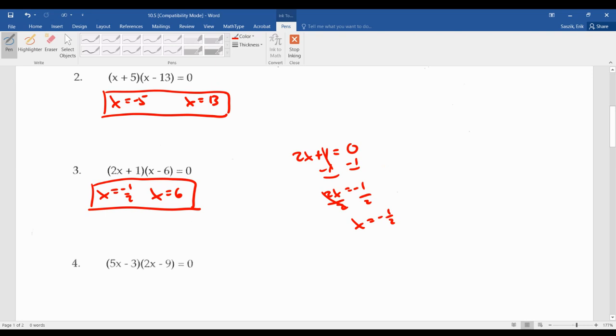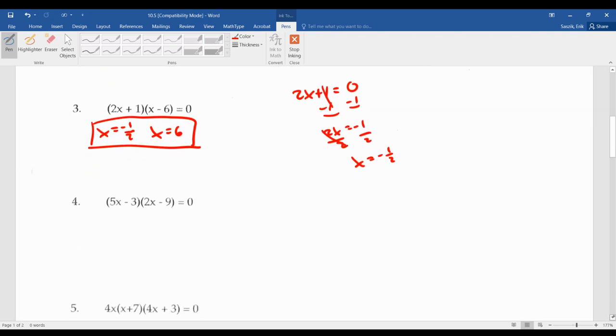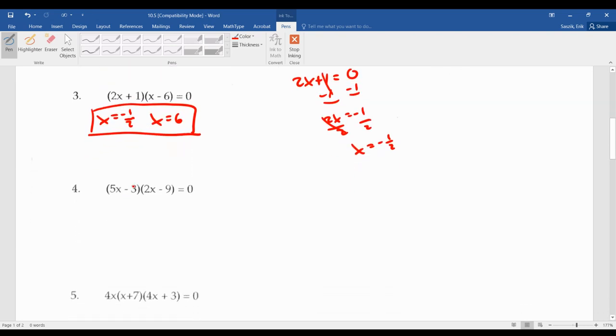Now there's a shortcut. It's always going to be this over this, change the sign. But if you forget the shortcut, this would be x equals +3/5. Now let's say I forgot. Again, I want this set of parentheses to be 0.